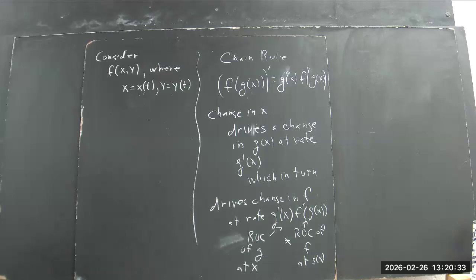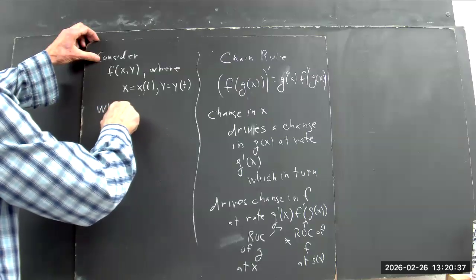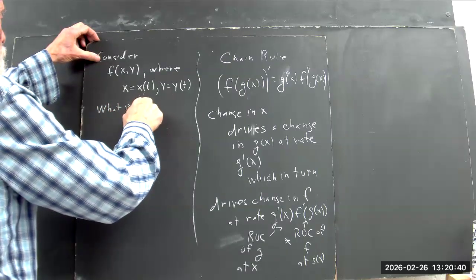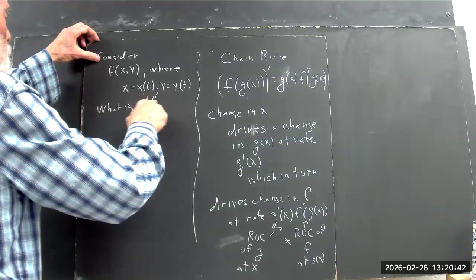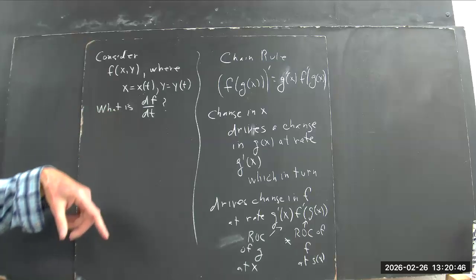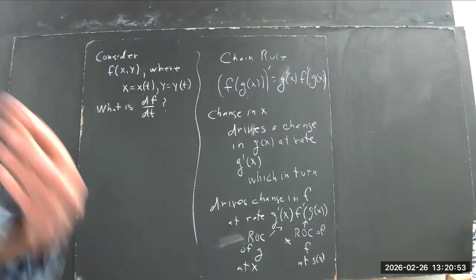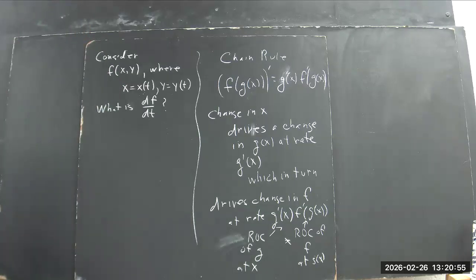Okay? Then what is df/dt? Well, df/dt is change in f divided by change in t, right?